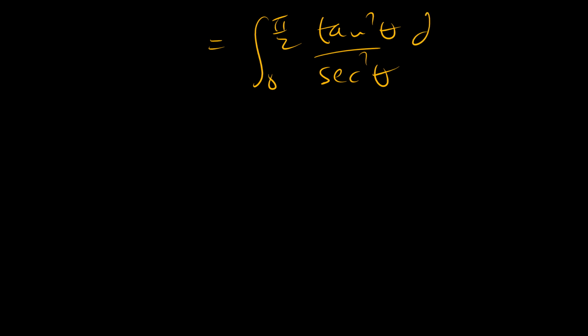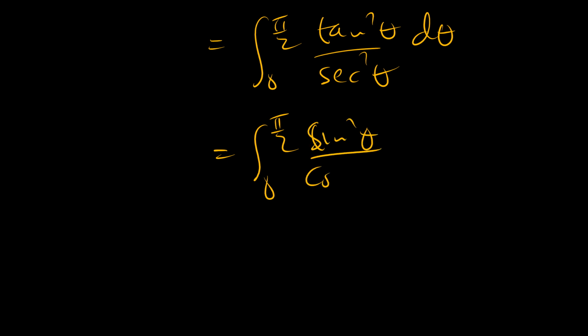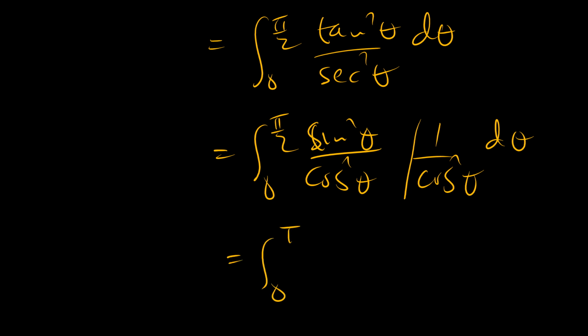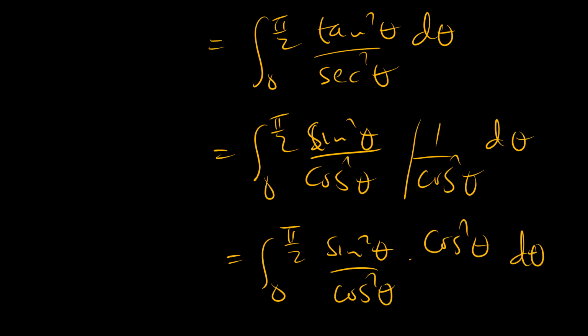And so 0 to pi over 2 tan squared theta over sec squared theta means that we have sine squared theta over cosine squared theta, divided by 1 over cosine squared theta, and that would cancel out.